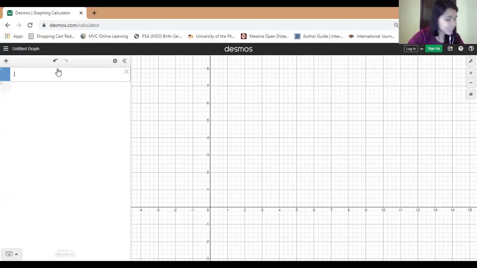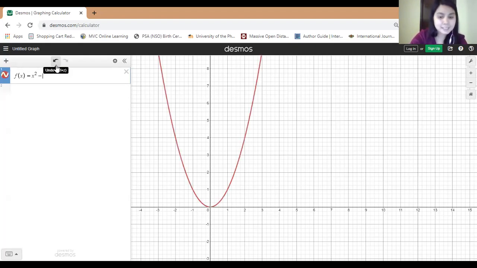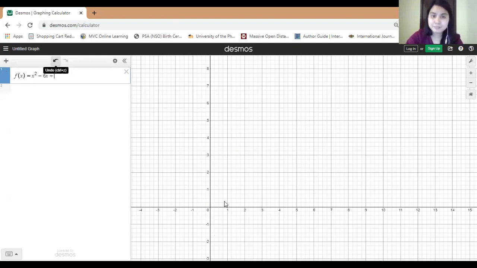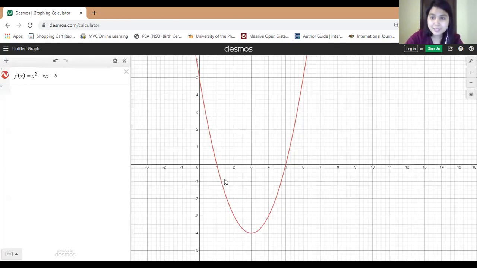Just write f of x equals x squared minus 6x plus 5. This is the first one from a while ago. The vertex, your x-intercepts, and your y-intercept.